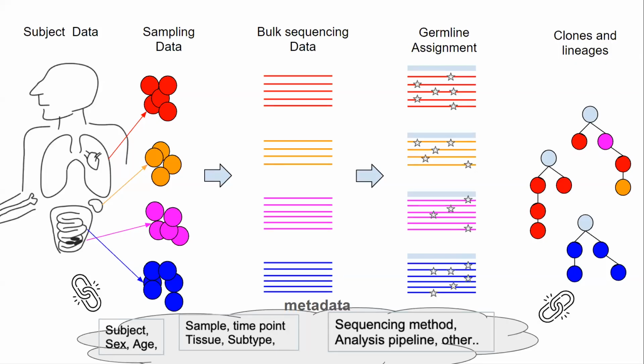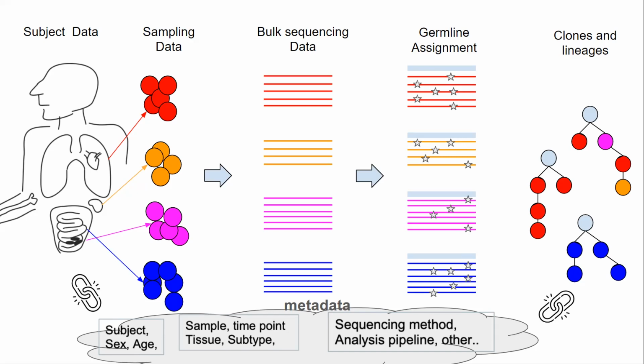So when we look at the biological system, we look at it in several levels. We start by looking at the subject data level, from where we take samples that can be from different tissues at different time points. And from the samples, we look at bulk sequencing data that we align and compare to a germline in order to be able to look at mutation and study mutations.